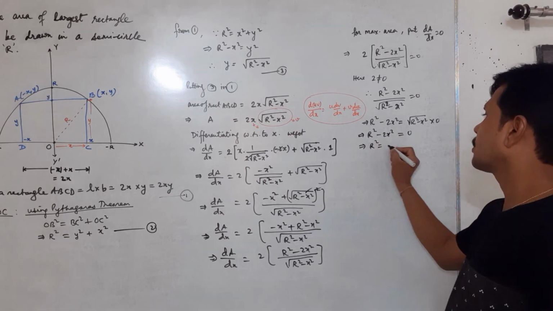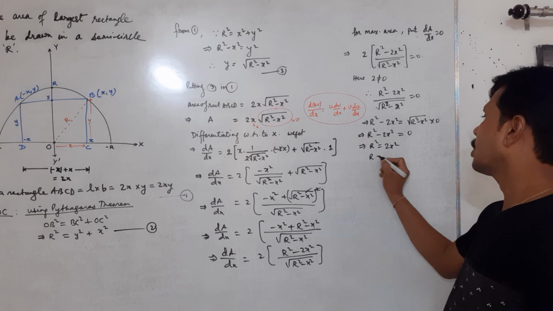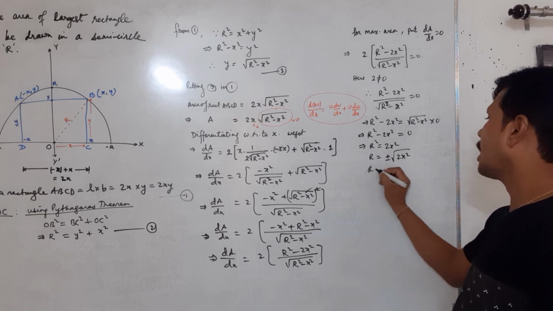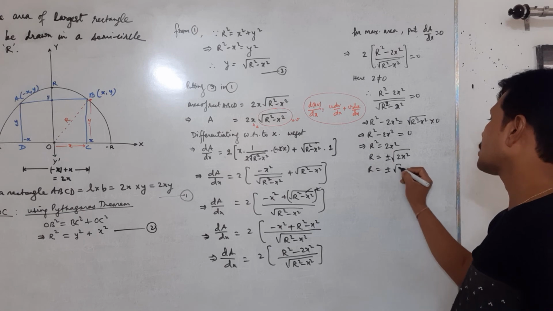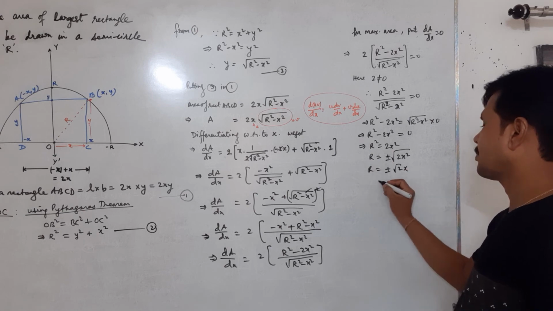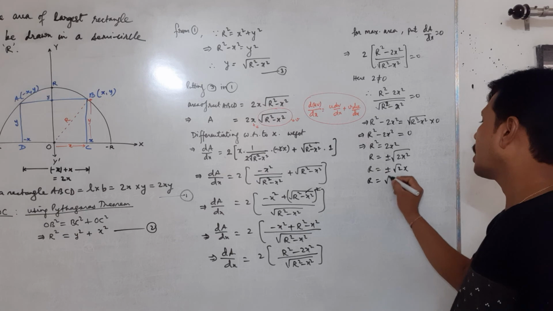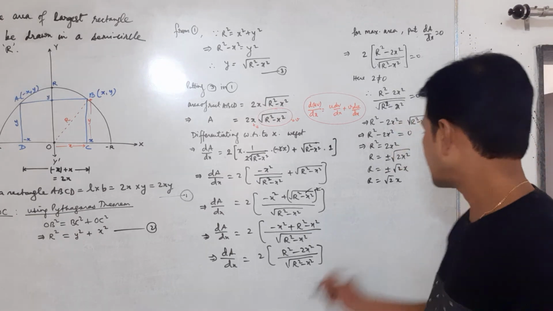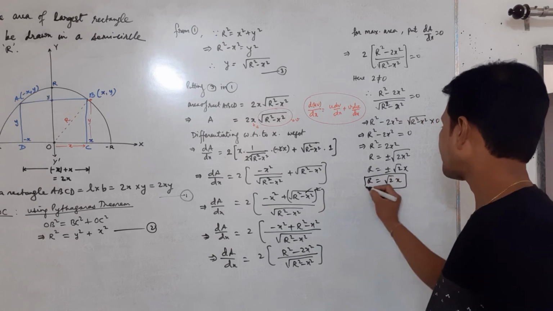So r square equal to 2x square, or r equal to plus minus square root of 2 times x, but we will take only square root of 2 times x because radius cannot be negative.